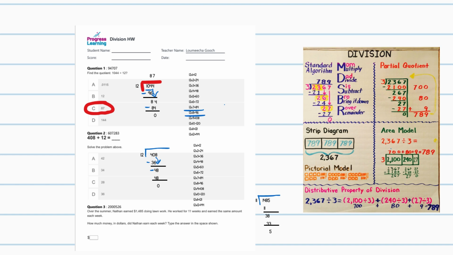I did the same thing for you guys for your problem on the bottom. You have 1,485 divided by 11. So first, we're going to start with 14. We can fit 11 into 14 a certain amount of times.